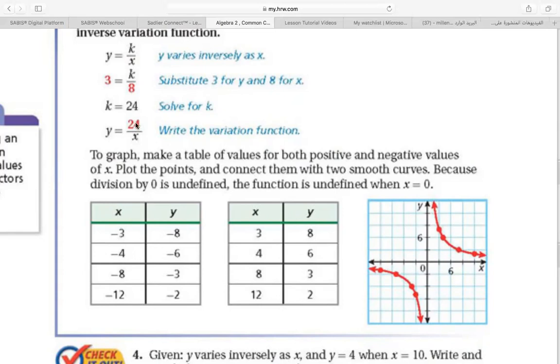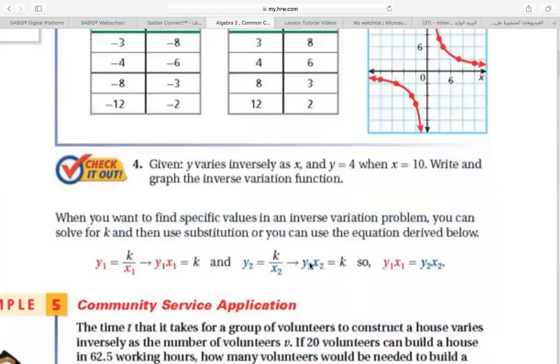X is negative 4, I will put it here, 24 over negative 4. Then x is negative 8, I'm going to substitute x by negative 8 to get y. I'm going to substitute x with negative 12 to get y. Again here, I'm going to substitute x with 3. I'm going to get the same answers but with different signs.